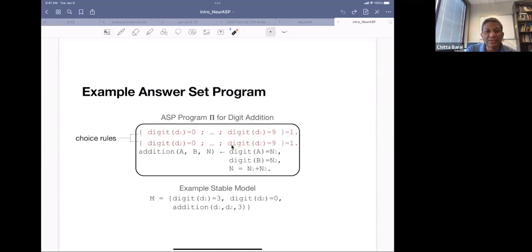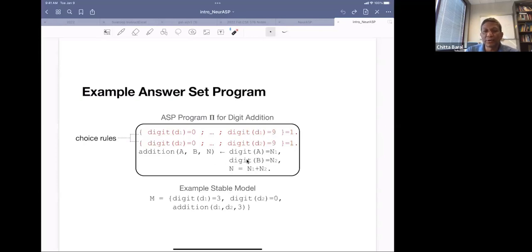And then the next one is a Prolog kind of rule. It says the addition of A and B is N if the digit in A is N1 and the digit in B is N2, and N is the sum of N1 plus N2. So this arrow is the if. This is a typical Prolog kind of rule.